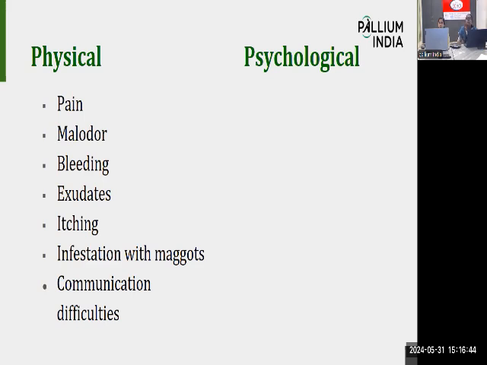All these things come with certain temporal factors. So you have to keep all of this in mind while doing the assessment of pain. And then the second point is malodor.